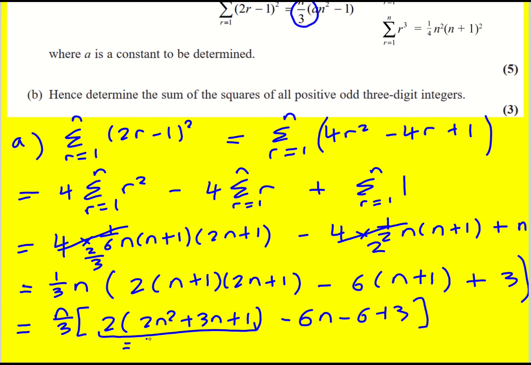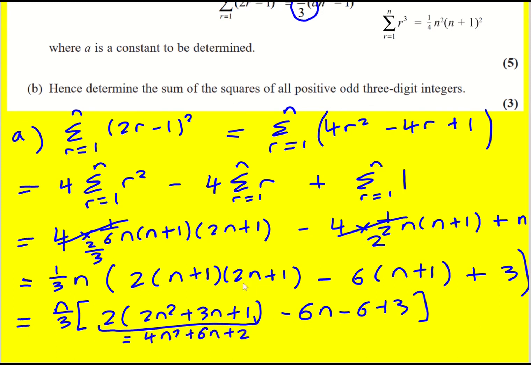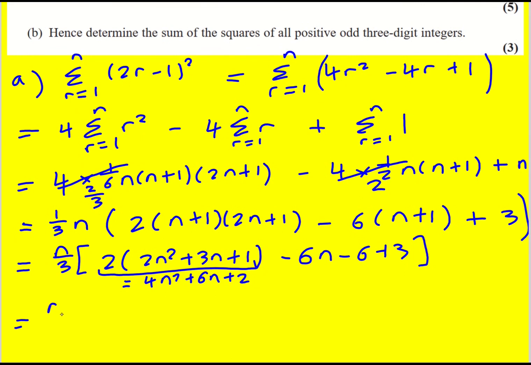This becomes 4n squared plus 6n plus 2. I've got 4n squared, the 6n and the minus 6n cancel. I've got a minus 3 plus 2. It's going to be 4n squared minus 1. That is our final answer.